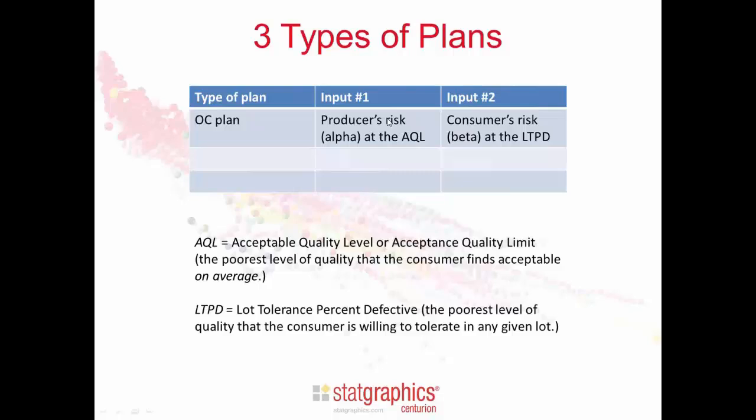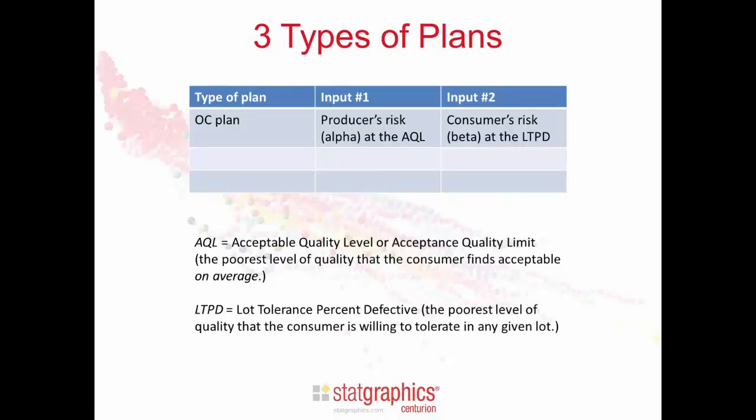We need to input a producer's risk and a consumer's risk. The producer's risk is the risk that I will, based upon my sampling plan, reject a good lot. And by a good lot, we'll mean a lot that's producing no more than AQL non-conforming items. Now, what AQL stands for, well, there's two definitions.